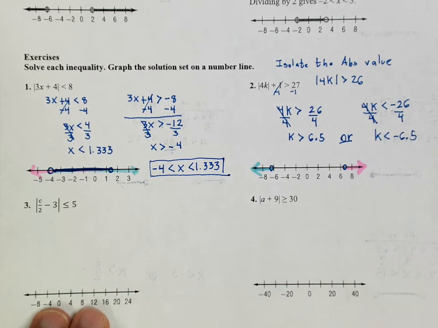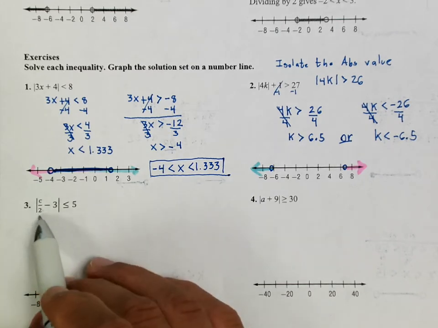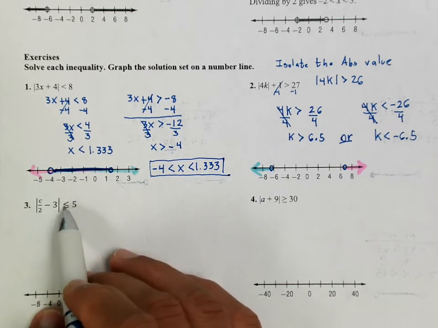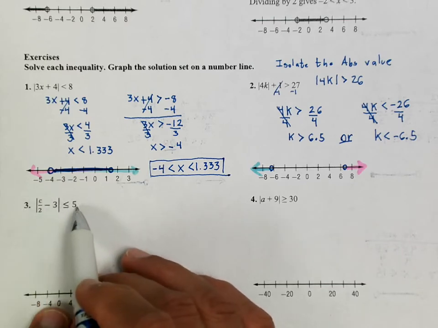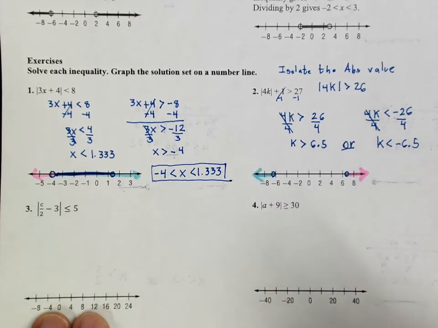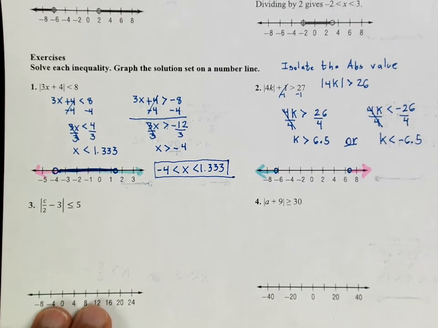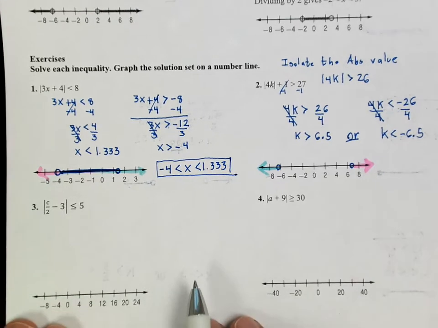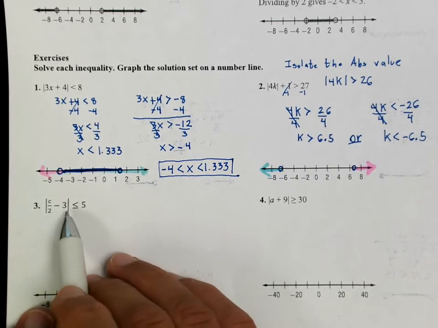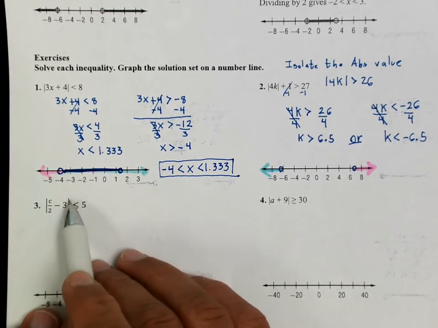Now, in general, if you have an absolute value by itself, and you already have a less than, notice that the absolute value is less than, then it's going to be an AND statement. Without me actually doing any of the work, I know it's going to be an AND statement, only because I know that the absolute value is less than.